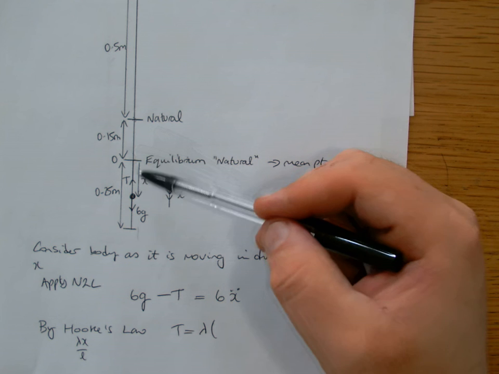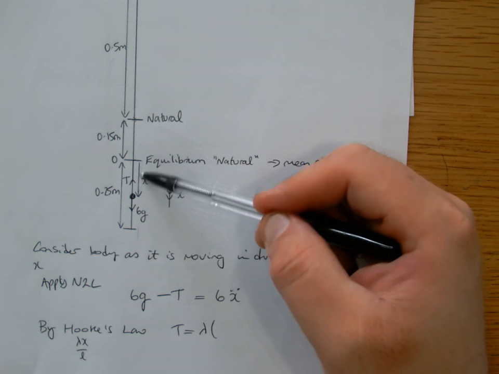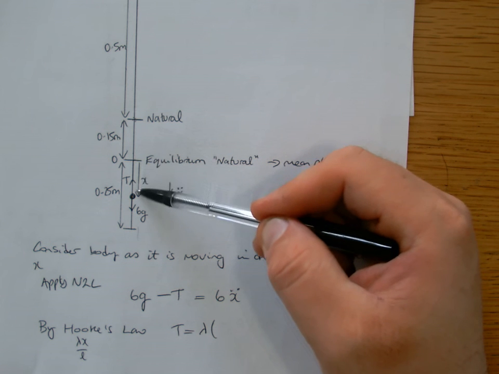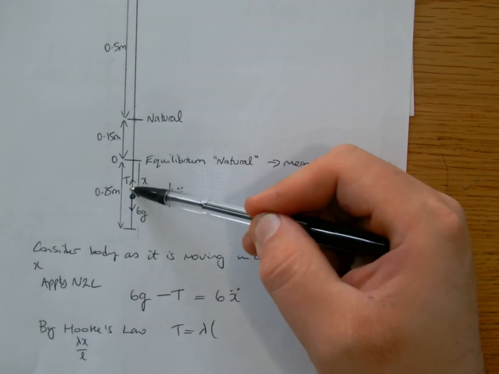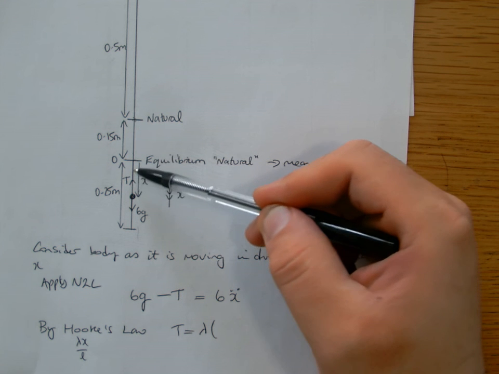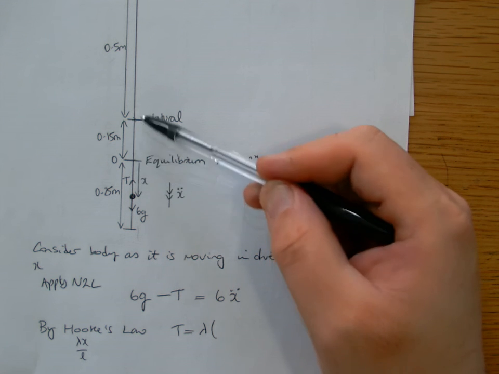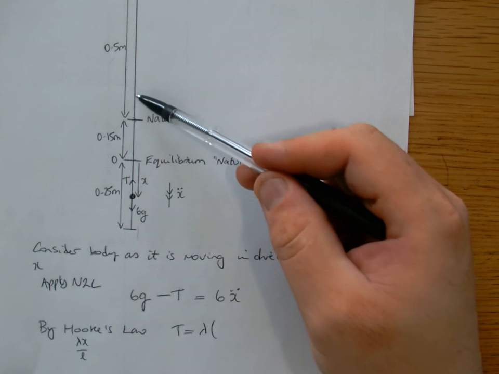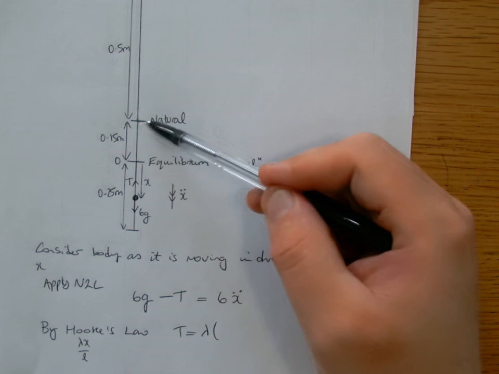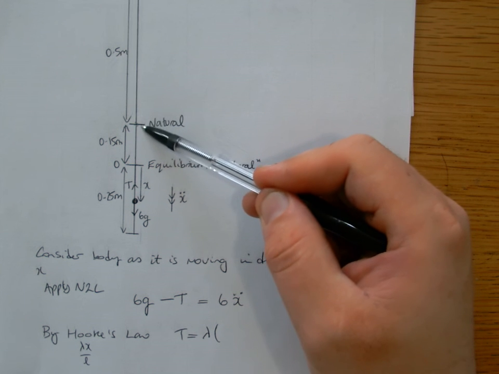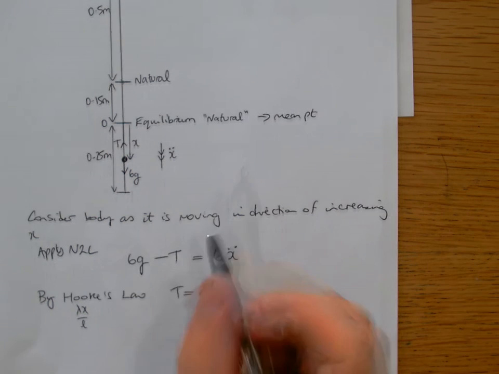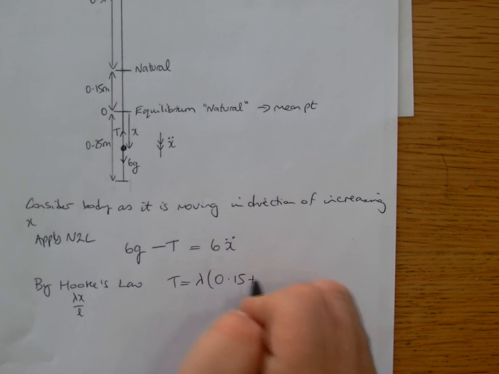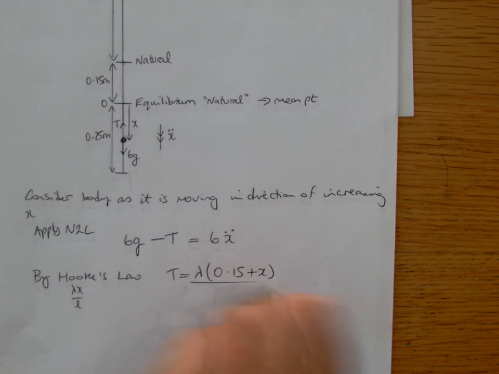So we don't just want to consider the x distance here for the extension of the spring, it's actually all of that distance, because the extension we're referring to in Hooke's law is the extension of the spring from its natural length. So it's been stretched 0.15 plus x, over the natural length.